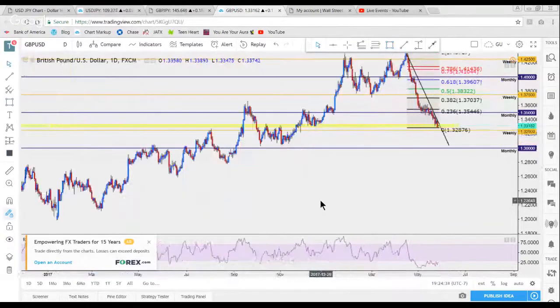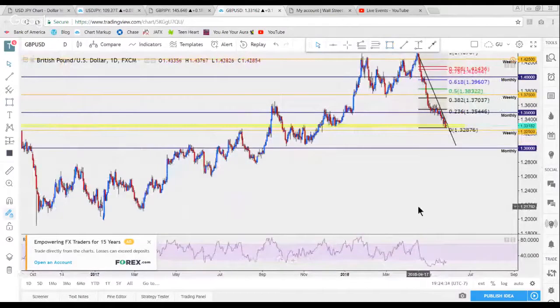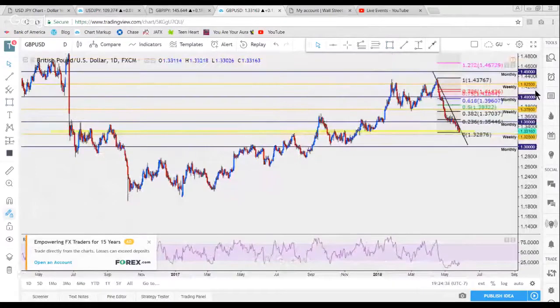So this is like one of those mini zones. This 1.33 area, as you can see, is an area. So I can highlight it. See that?